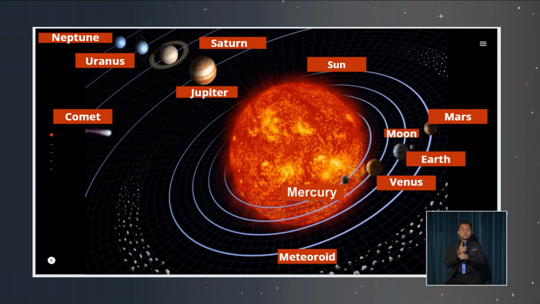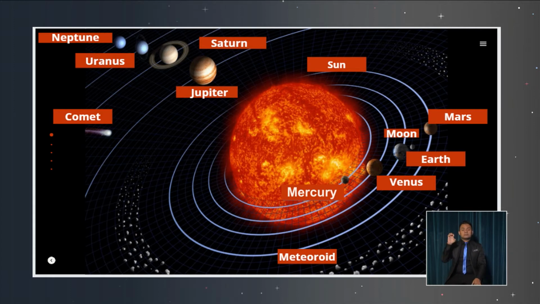The sun, which is at the center of the solar system, is surrounded by other members of the solar system. Next, look at meteoroids. What are meteoroids? Very good. Collisions between asteroids produce small pieces of rock in outer space known as meteoroids.